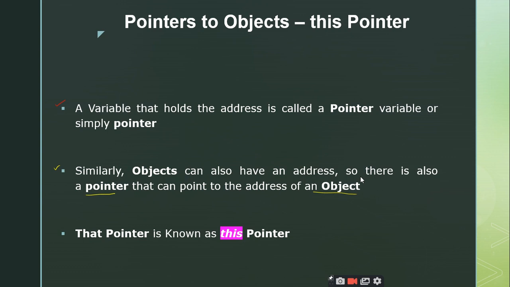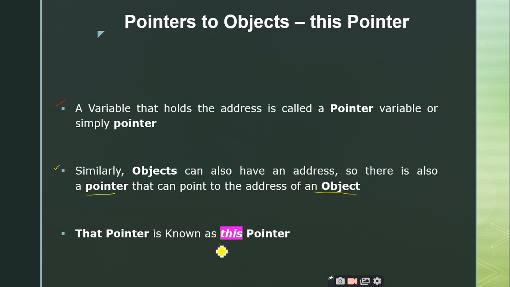As I told you, when you create an object, the memory will be allocated. When the memory is allocated, then we have an address. When we have an address, then we can have a pointer to that object. So the pointer to that object is known as the this pointer.